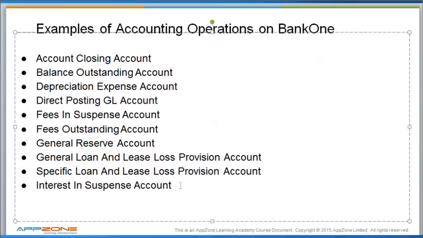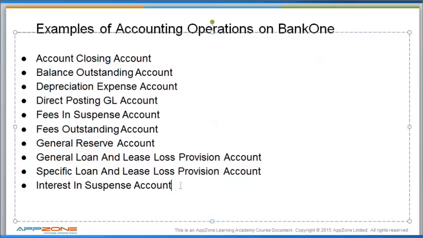Next is interest in suspense. Interest in suspense is a type of configuration that automatically moves an income that has not been realized by the bank into a suspended state. Being suspended means the bank has not yet realized that interest, and as such it will be a wrong estimation for the bank to report an income that has not yet been realized.